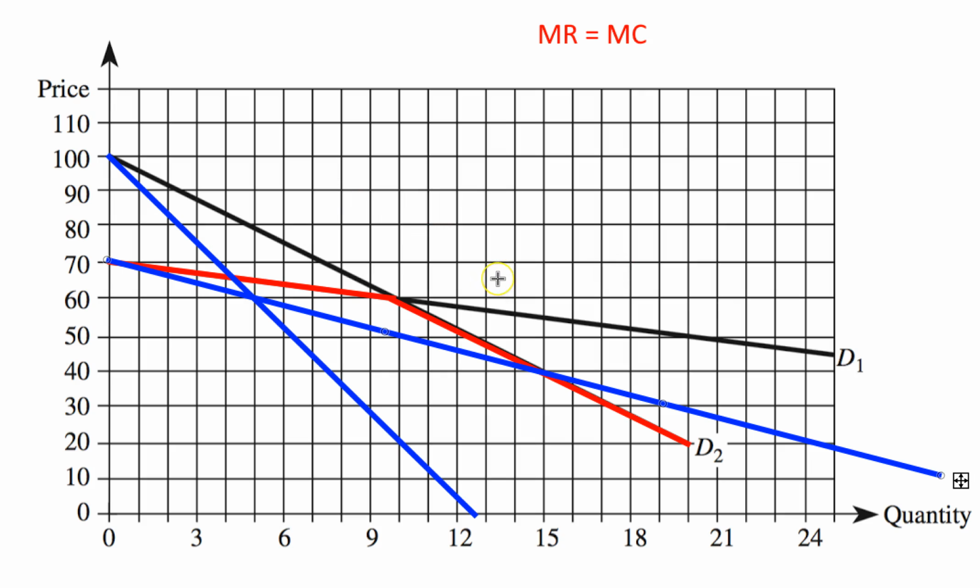But remember, only parts of each demand curve are relevant, which means only parts of each marginal revenue curve are relevant. This part of the demand curve, D1, is relevant, so that means this MR curve is relevant. So let's get rid of the MR curve that we don't need. I'm going to make this white and a little wider, and get rid of the MR curve that we don't need.